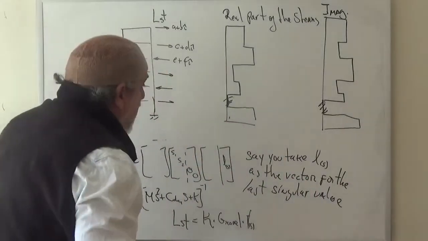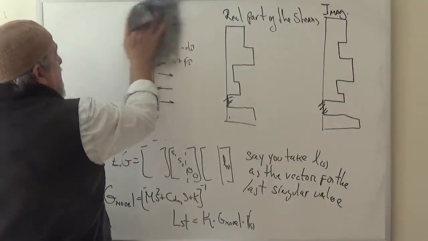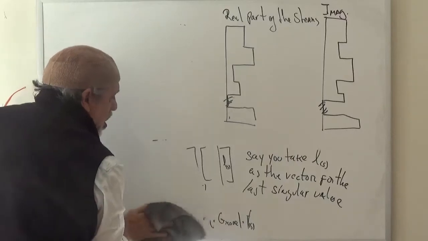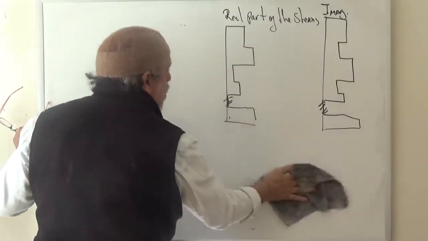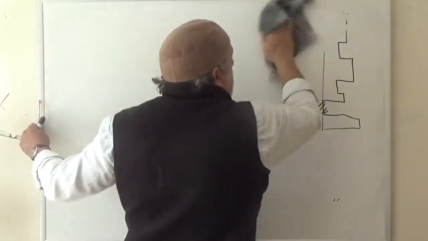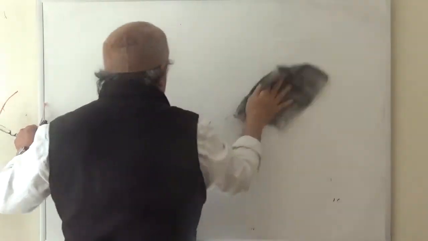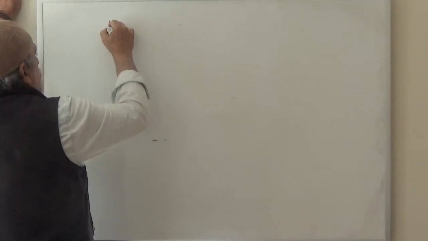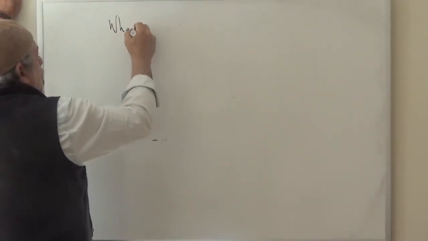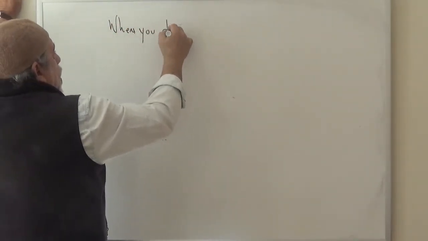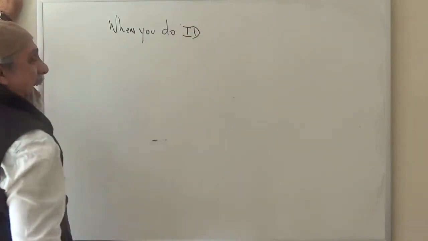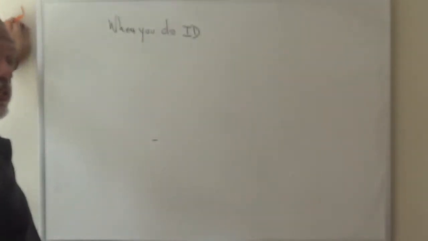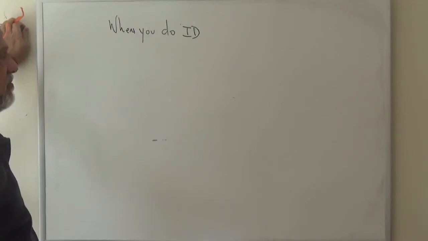There are, of course, some subtleties that arise, and I will just mention one of them that is perhaps the most relevant. When you do the ID, you don't necessarily get the order of the system, right? You get the order of whatever was identifiable.